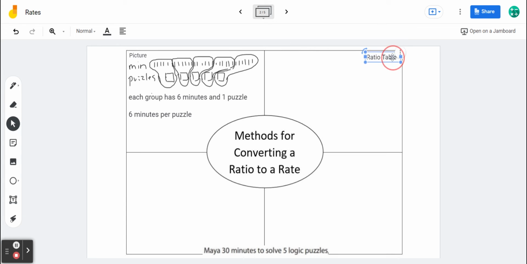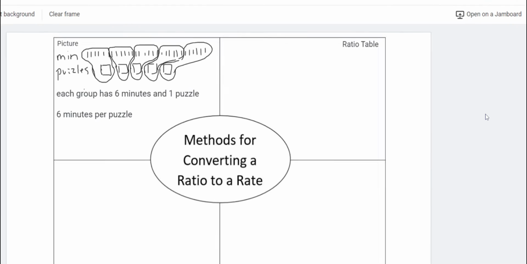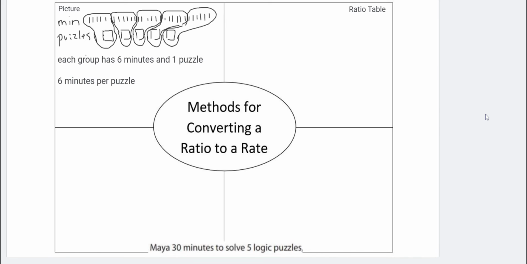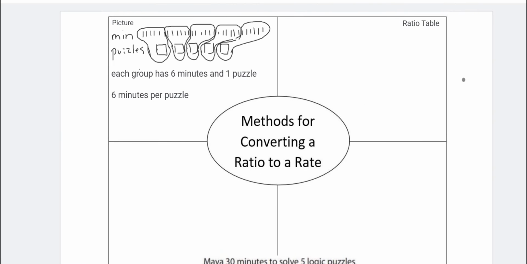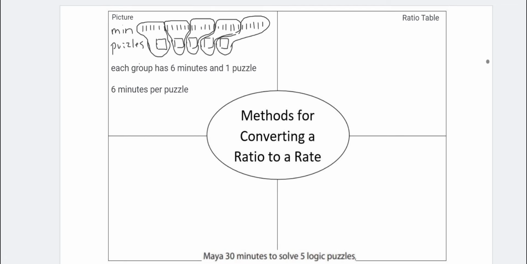And that's what we're going to do in this corner. A ratio table basically means that I'm going to draw a table. On one side, I'm going to use minutes.